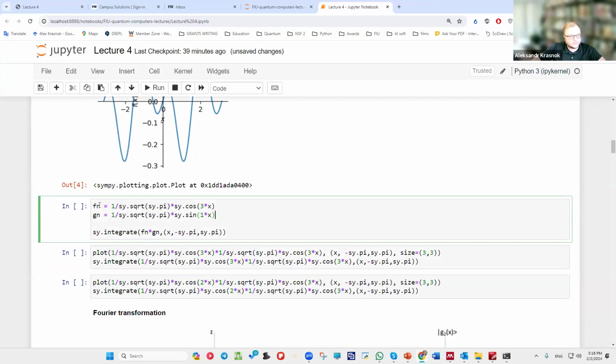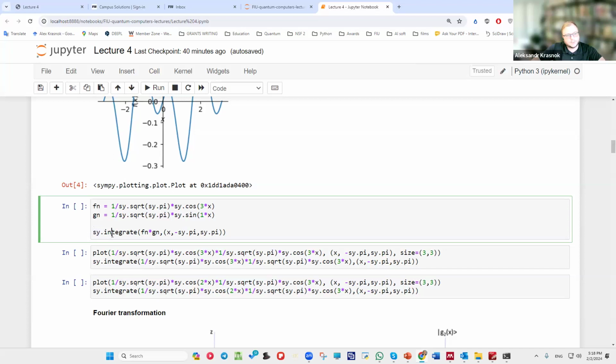But anyway, let us introduce this function f_n, cosine 3x with this normalization factor here, right? And g_n, which is sine 1x, and integrate the product of the two functions. The way we integrate the functions, I use the SymPy method.